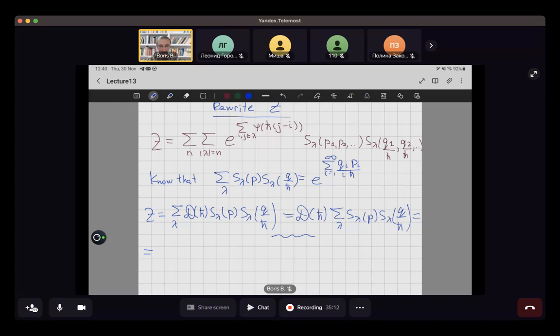Yes. So in fact, roughly speaking, not formally, but roughly speaking, I hope you understand how this H and this Z are connected.